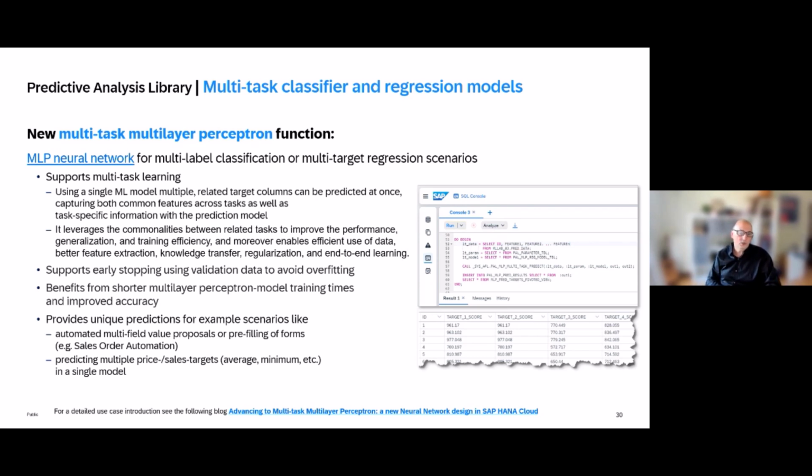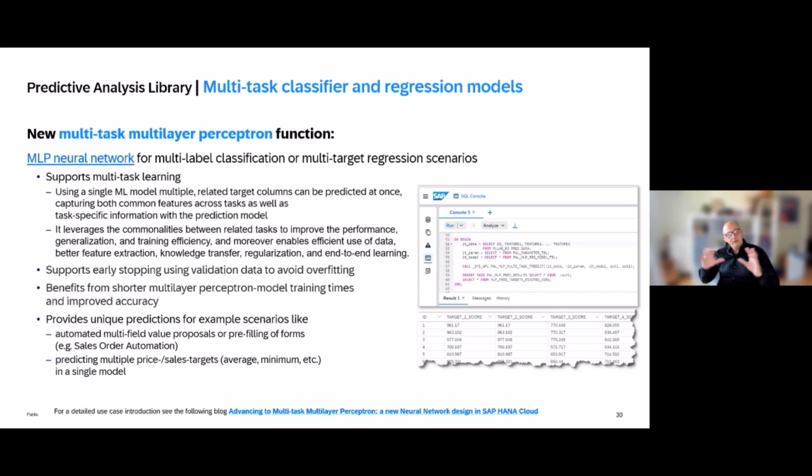Or a commonly used case, also in many S/4HANA scenarios, is value proposals in business application screens, where there's an entry form, and as a user, you don't know what to put into a specific field, and then you get an AI-driven proposal by the application.